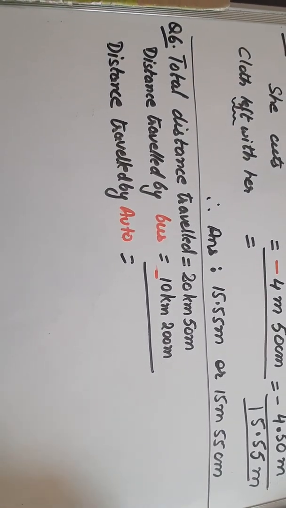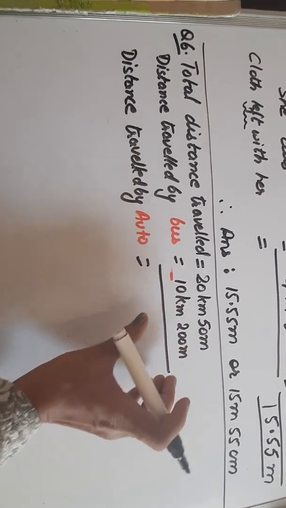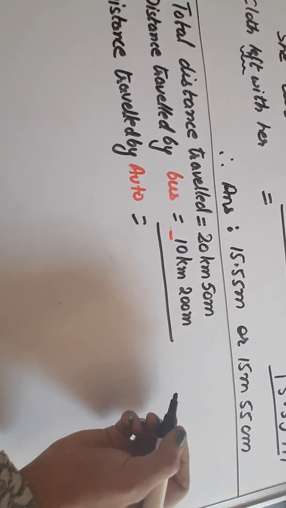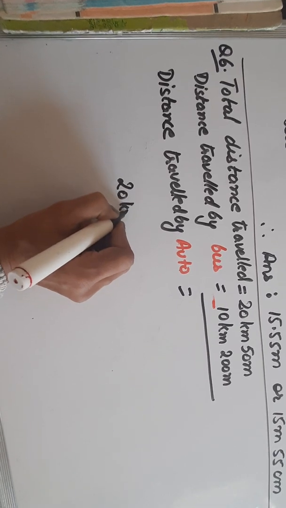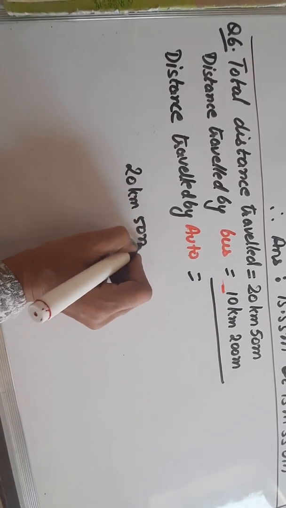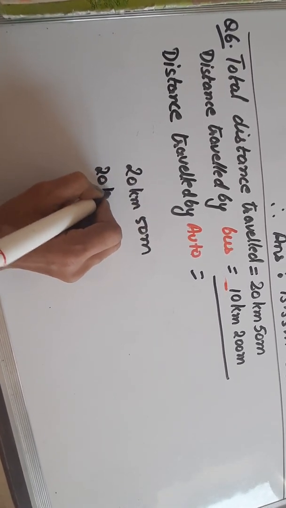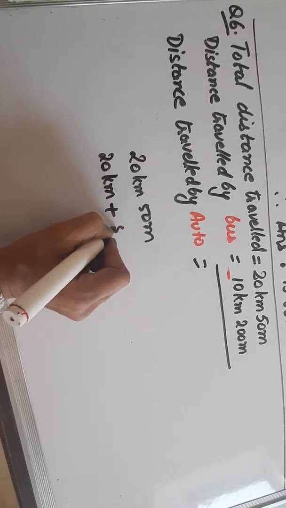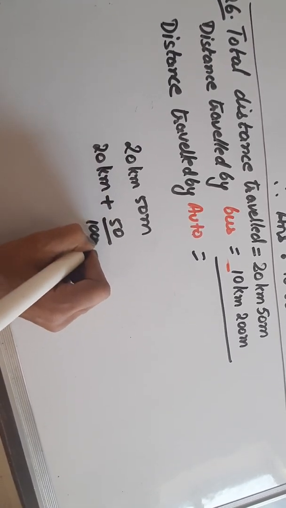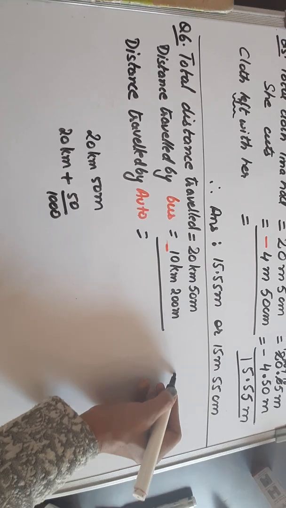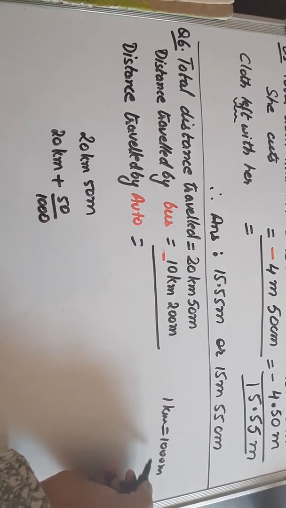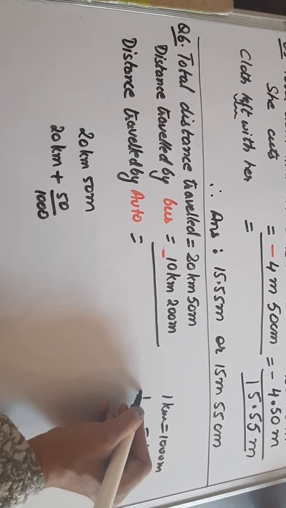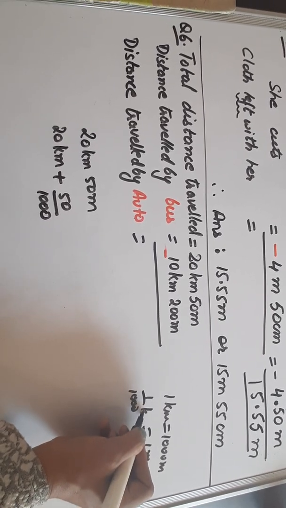So let us subtract it, but again let us convert them into a single unit, that is kilometers. So for that, let us do the calculation first. 20 kilometer 50 meters. So 20 kilometers plus 50 divided by 1000, because 1 kilometer is equal to 1000 meters. So 1 meter is equal to 1 by 1000 kilometers, right?